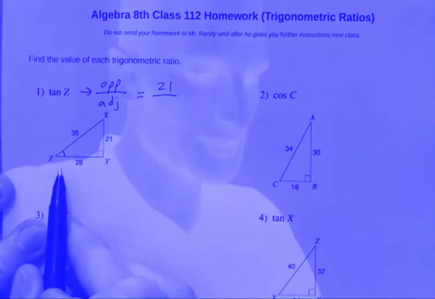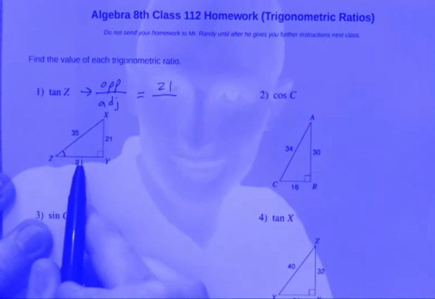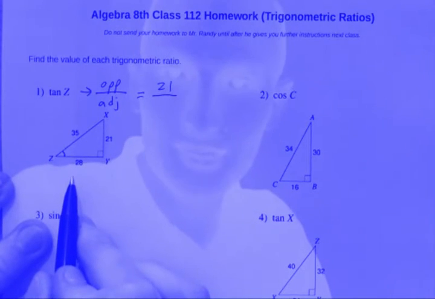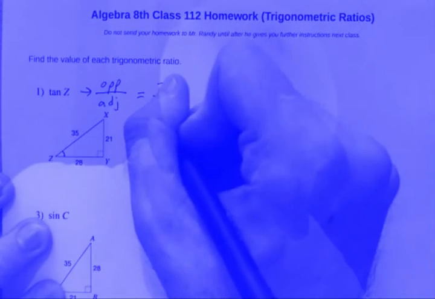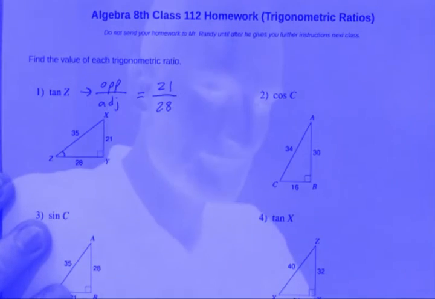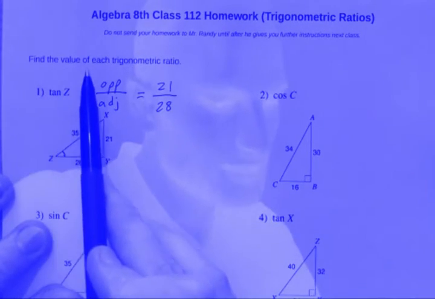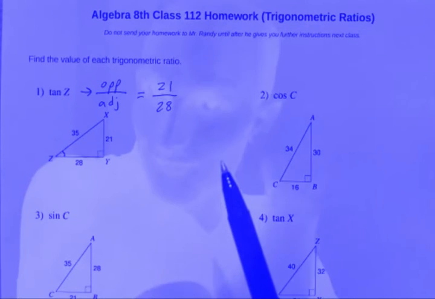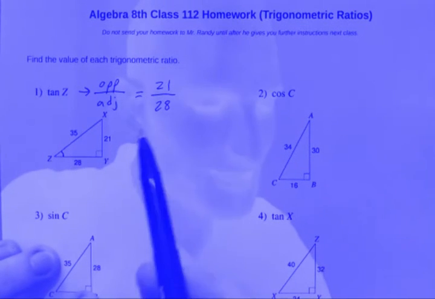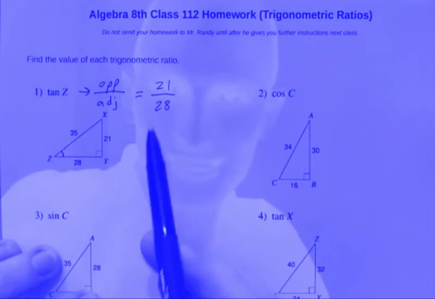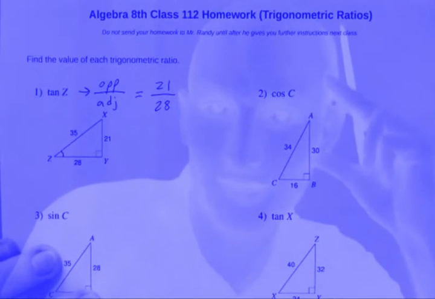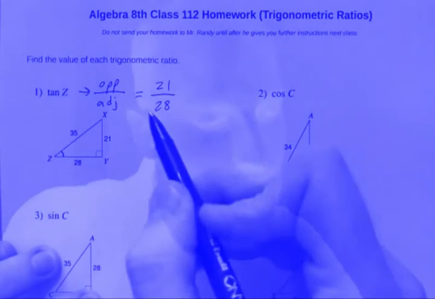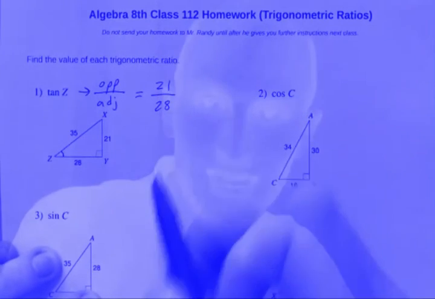The adjacent is the side that's touching the reference angle, z, that is not the hypotenuse, so 28. Okay? I actually didn't tell you to simplify, but you should know by now that if you can simplify, then you do want to simplify for your answer. So is there anything that we could divide 21 and 28 by?